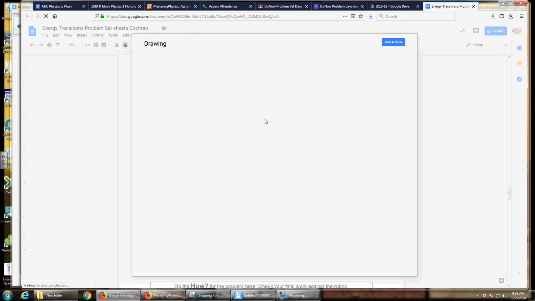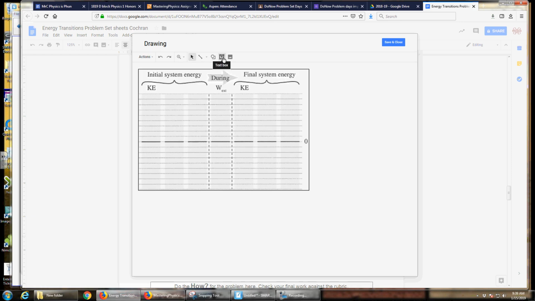So I'm going to give myself a PE grav column. My initial is going to be when it's at that 4 meters above the ground. And then my final is going to be looking at it at that second height. Is how I'm thinking of it.